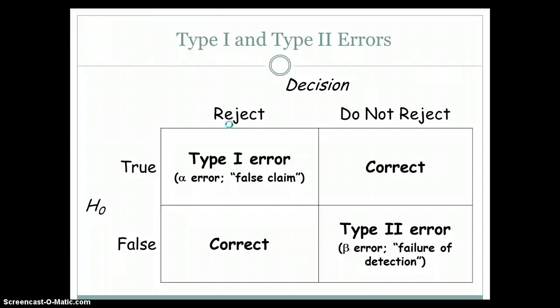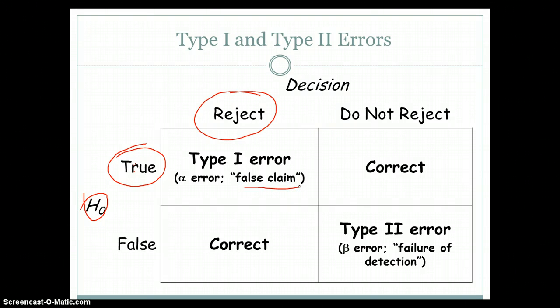This leads us to think about our type 1 and type 2 errors. And you've heard me say on more than one occasion that our p-value is estimating our probability of committing a type 1 error. That means that the null hypothesis is true, but we are rejecting it by saying that something is going on when it really isn't, because the null hypothesis is true. This is our false claim error.